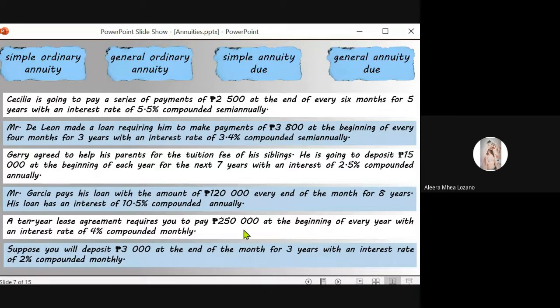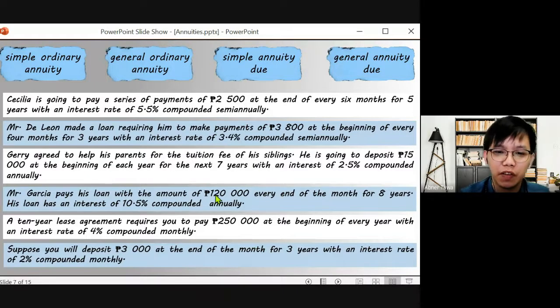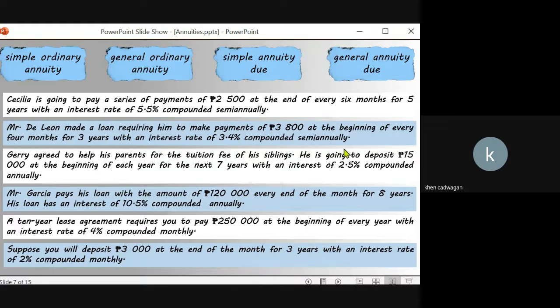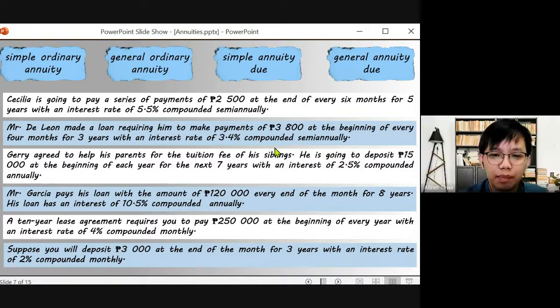Yes, sir. Agree. Okay. How about the others who have a different answer aside from general annuity due? Oh, Mr. Ken, anong sagot mo? Simple ordinary annuity, sir. Okay, let's check later on. How about the others? Sinong may ibang sagot? Or who agrees with general annuity, ordinary annuity, and general annuity due?